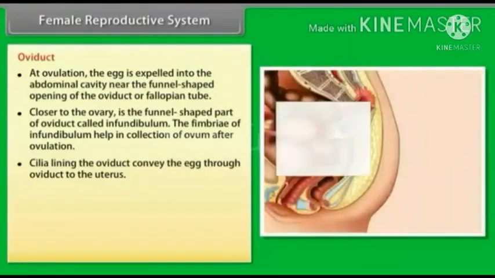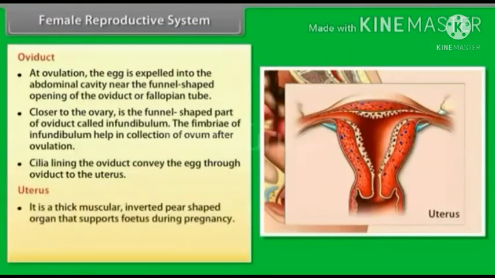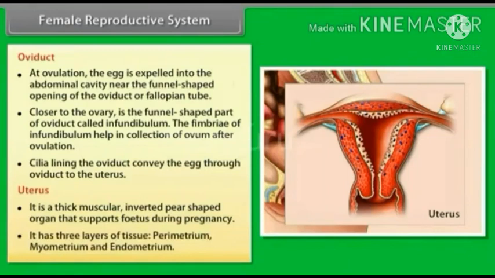Cilia lining the oviduct convey the egg through the oviduct to the uterus. Uterus. It is a thick muscular inverted pear-shaped organ that supports the fetus during pregnancy. It has three layers of tissue: perimetrium, myometrium and endometrium.